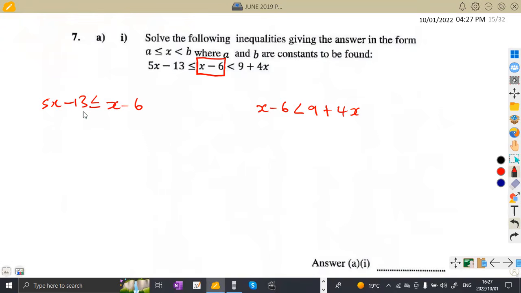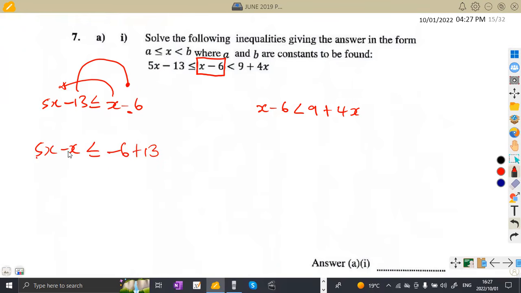Now from the two inequalities, what are you going to do? You're going to separate now, since you want to solve. Depending on what is best, guys, we can take the x to this side so that it can be negative. So it will be 5x minus x is less than or equal to minus 6. If I transpose this negative 13 to the other side, it's going to be a positive 13.